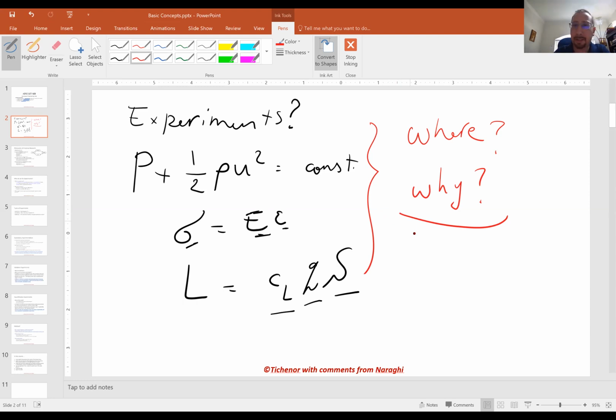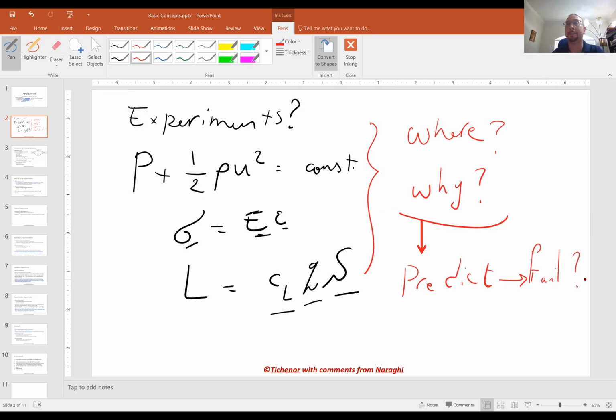And if you really want to know why we need these equations, the answer comes out to be one word: predict. We want to be able to predict the performance of a structure so that we know if it functions the way we want it or not, or if it fails.